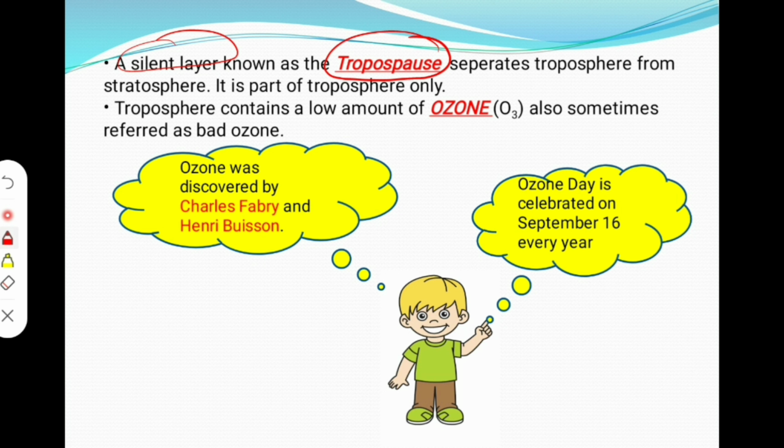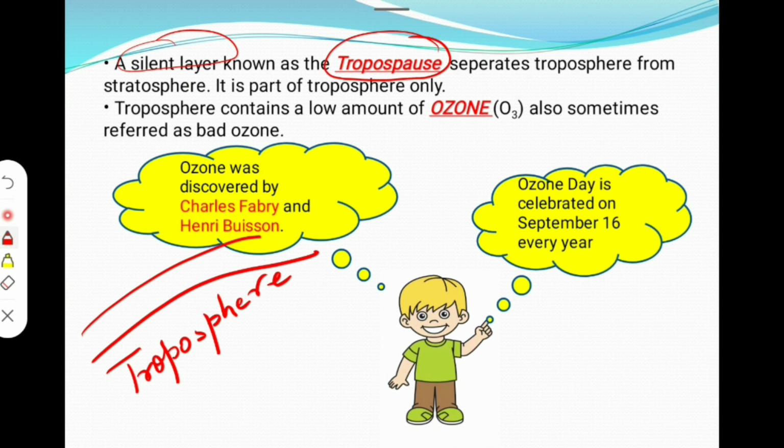Okay, suppose this is the troposphere, this is the stratosphere, and this is the tropopause. This is the transient layer or the silent layer which lies between the troposphere and stratosphere, that is, the middle of both the layers.